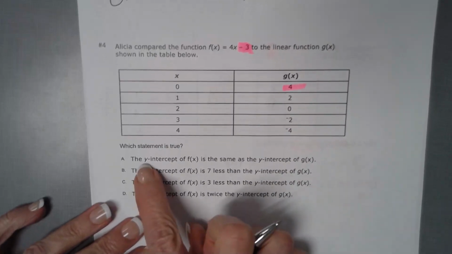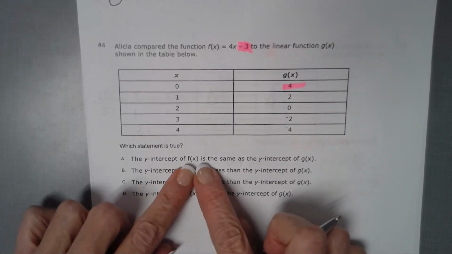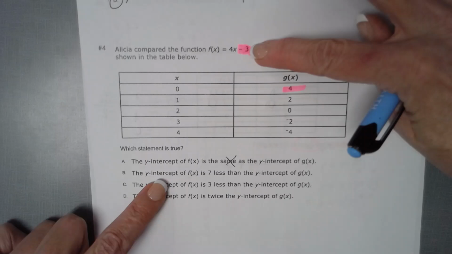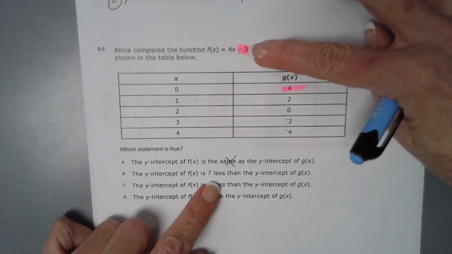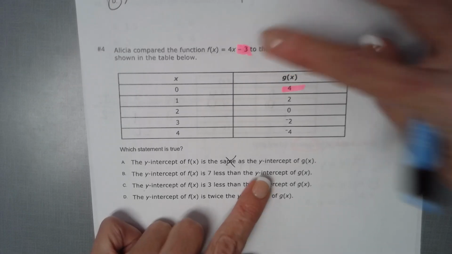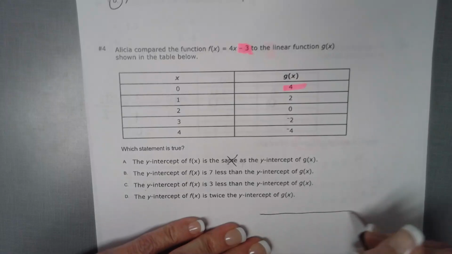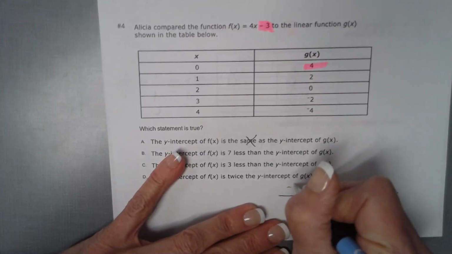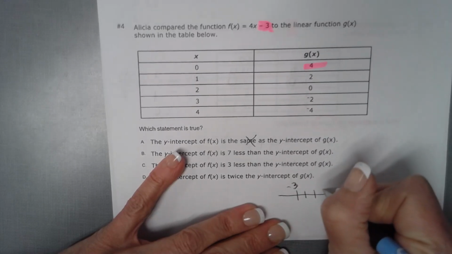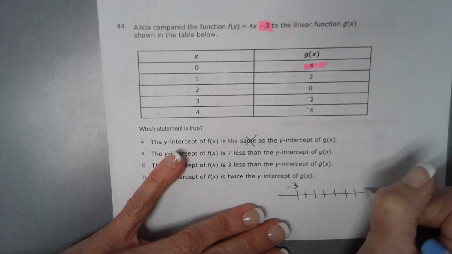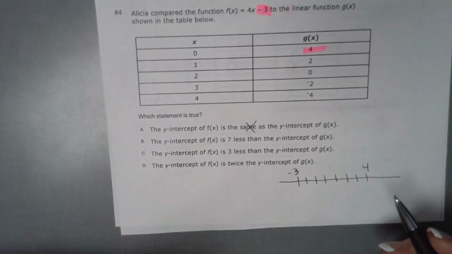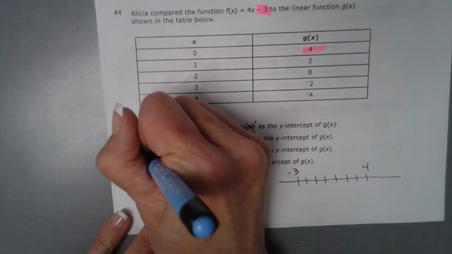Okay, so let's see what we got here. The y-intercept of f of x is the same. Not. The y-intercept of f of x is 7 less than the y-intercept of g of x. That is correct. If you're on a number line and you're at -3, -2, -1, 0, 1, 2, 3, 4, and you count back, it's 7 less.